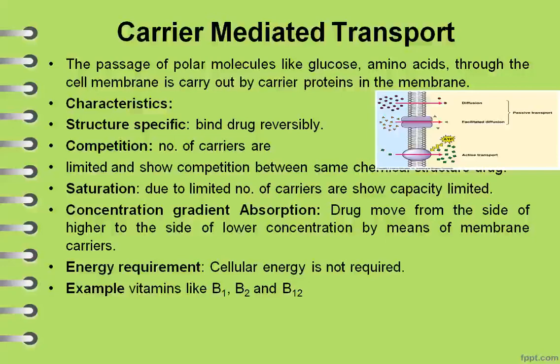Concentration gradient: the drug moves from the side of higher to the side of lower concentration by means of the membrane carrier. The energy requirement: cellular energy is not required, as the process is passive. Example, the absorption of vitamins like B1, B2, B12, etc.